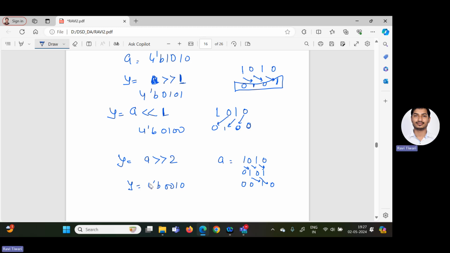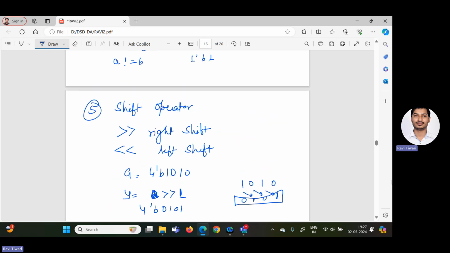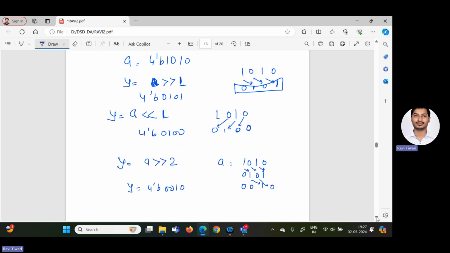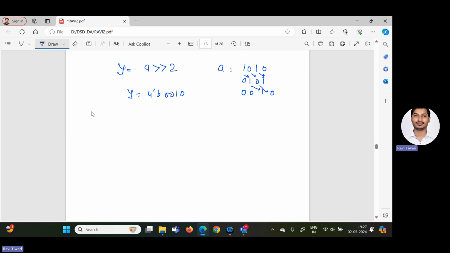Okay, now we will see the sixth type, that is the conditional operator. The conditional operator will be written like output. This is the syntax that we have to use.